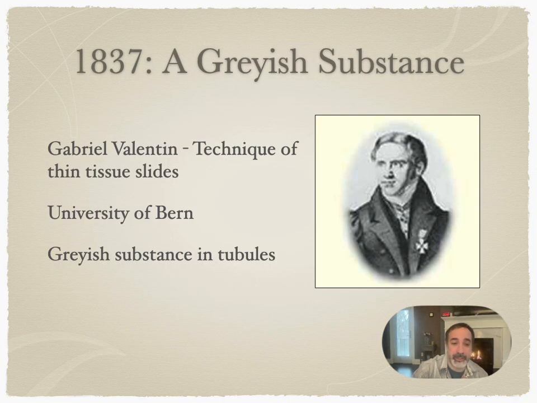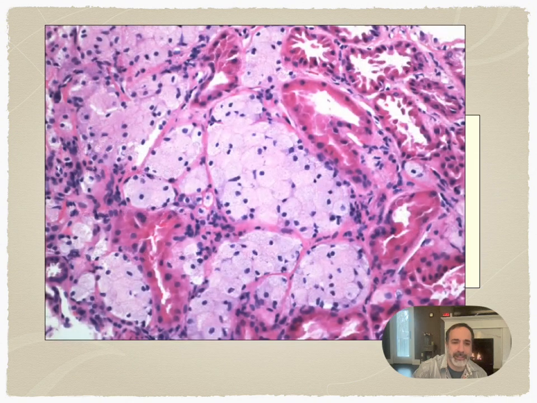Also in 1837, Gabriel Valentin would perfect a technique in cutting thin tissue slides for microscopy. This is the same general process used in modern pathology today. In doing so, he would stumble on an observation of a, quote, grayish substance in the tubules of kidneys.